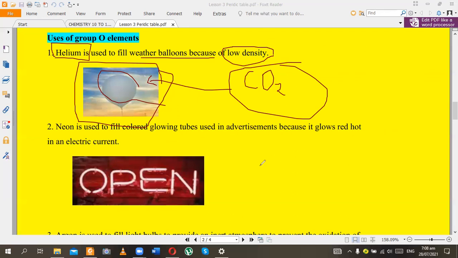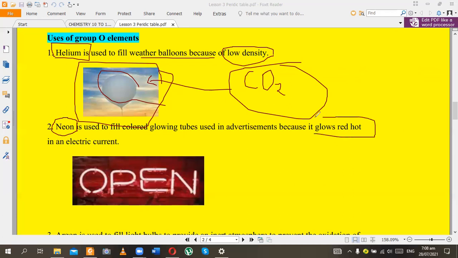Then the other one: as we approach Christmas at night, you see the flashing of light from the advertising bulbs. Now, inside the advertising bulbs, the gas that they put is neon. Why neon? Because neon has the capacity to glow.